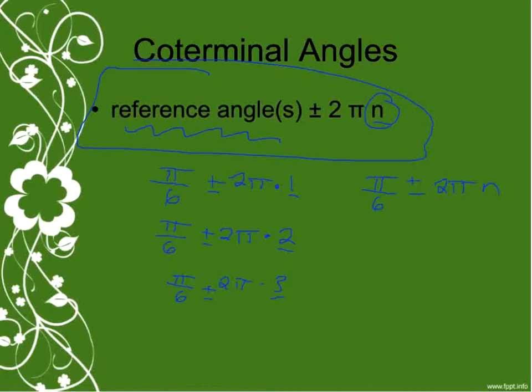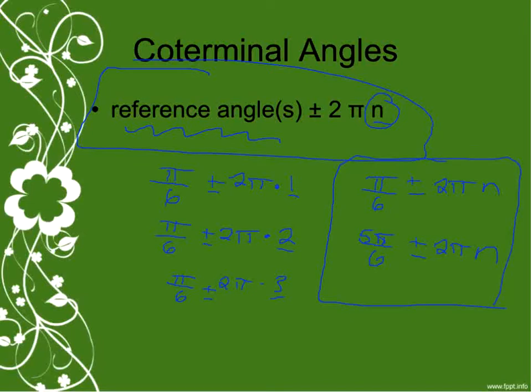What was our other reference angle from the original unit circle? Do you guys remember? What was the other spot on our unit circle where it also equaled 1/2? Good job. 5 pi over 6 was our other one. So we're going to say 5 pi over 6 plus or minus 2 pi n. So I have 2 choices.